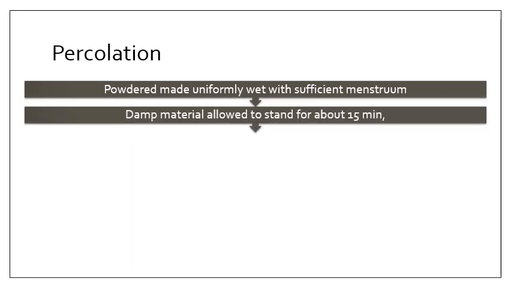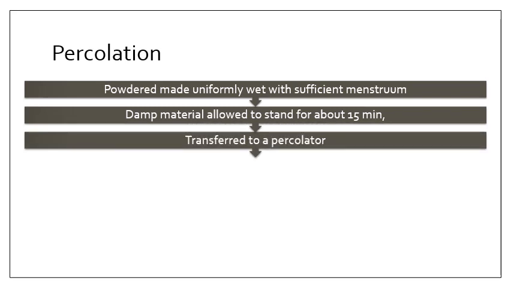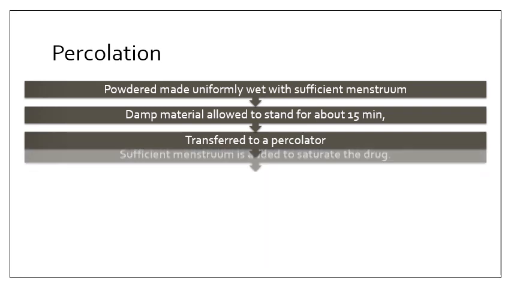The drug is dampened with the menstruum for about 15 minutes, and then it is transferred to a percolator. As I told you earlier, the container in which percolation is carried out is called a percolator, and the diagram of the percolator was shown on the last slide. So the dampened drug is transferred to a percolator.